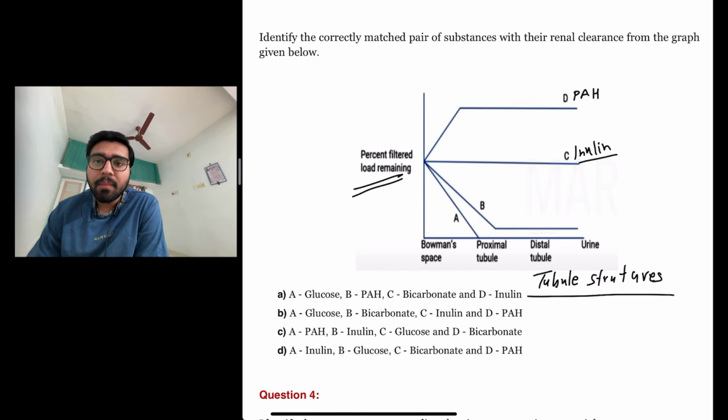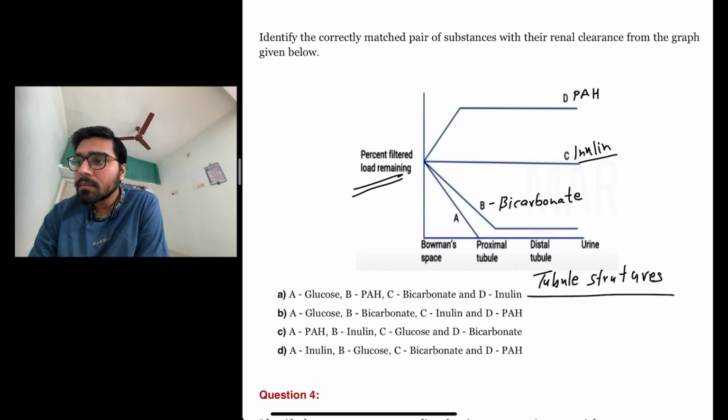The substance marked as B is bicarbonate. Because bicarbonate reabsorption occurs in proximal tubule and a small amount of it flows into the distal tubules and collecting ducts. Its reabsorption occurs in all parts of tubules except the descending and ascending loops of the Henle.